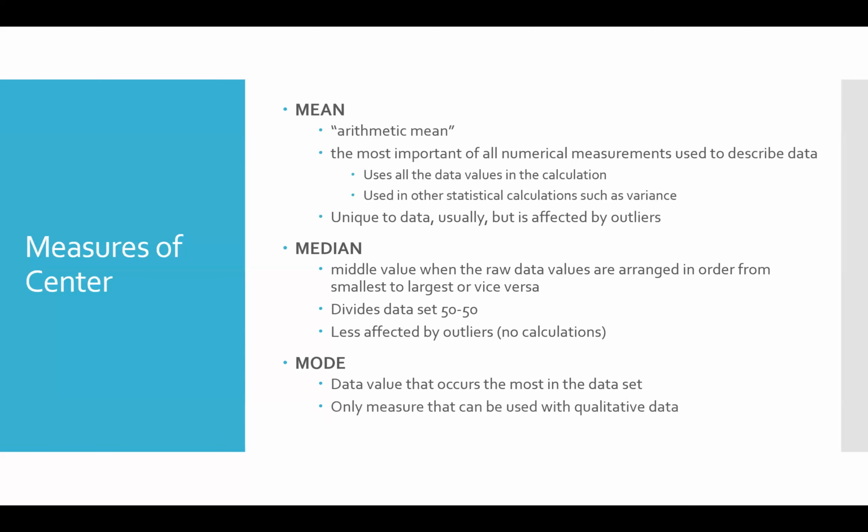It is the only measure of any kind, whether it's measures of center, measures of variation, distribution, outliers, whatever, that we use with qualitative data, because I can tell you which category occurred the most. For example, if you go back to the Titanic example a while ago, I know that most of the people embarked in Southampton, England.